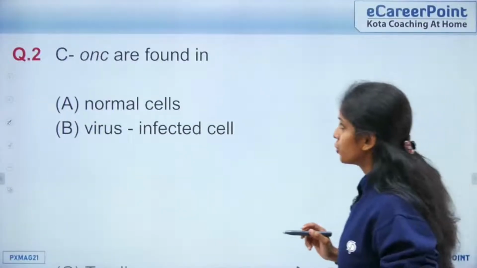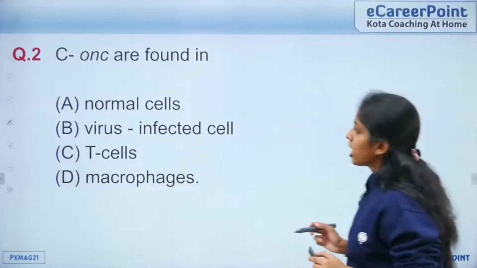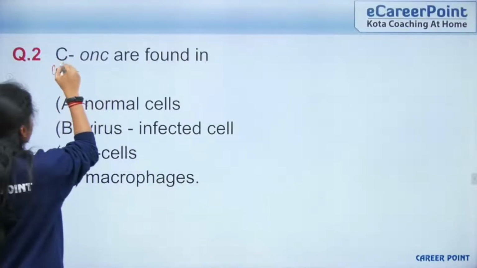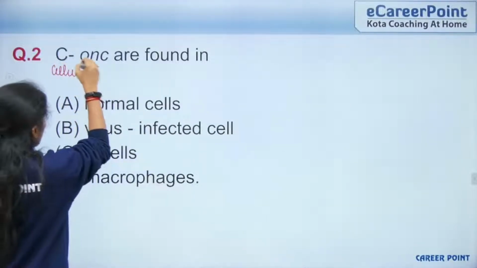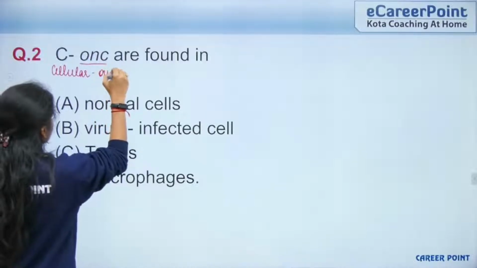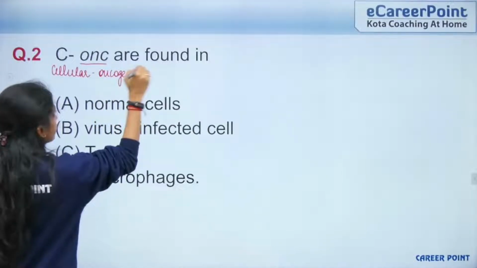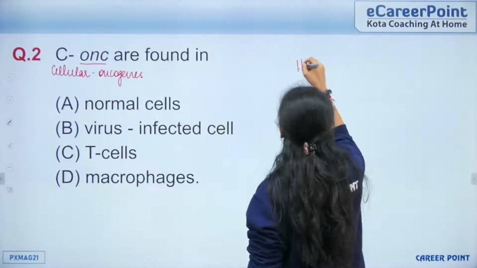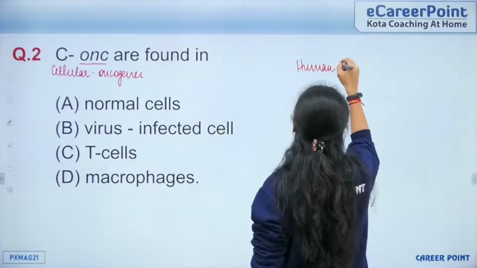Question 2: C-onc genes are found in. C stands for cellular, onc stands for oncogenes. This question comes from Human Health and Diseases.